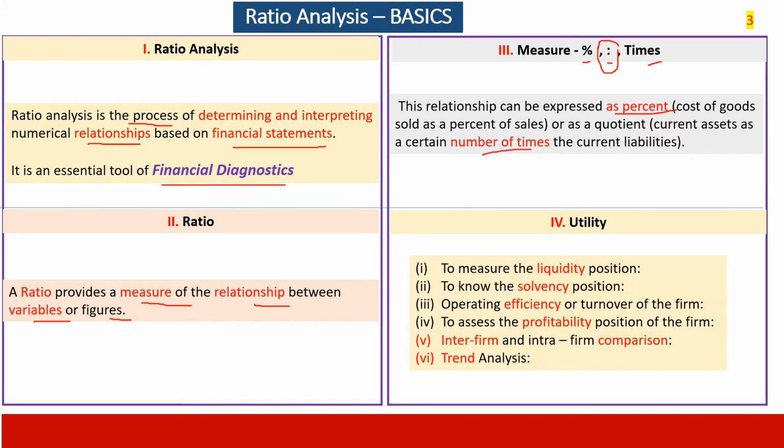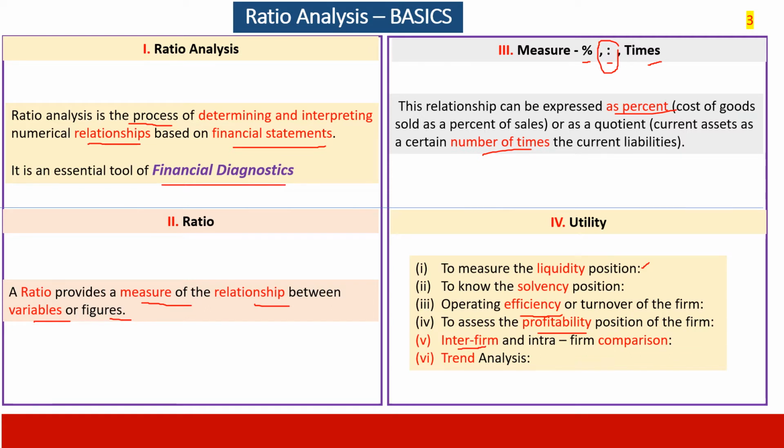What's its utility? To understand the cash strength or liquidity position of a company, its solvency as a going concern in the long term as well as in the short term, how efficiently the organization is working, and what is the profitability position of the firm. And when we have two firms, how do we compare them? We can compare them in terms of relevant ratios.